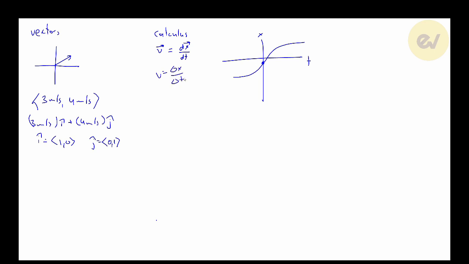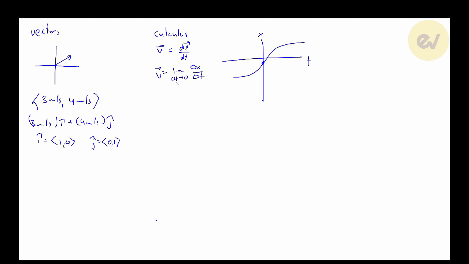So if you want the instantaneous velocity at t equals 0, then what we would do is take the limit as the change in t approaches 0 of the change in x over the change in t.